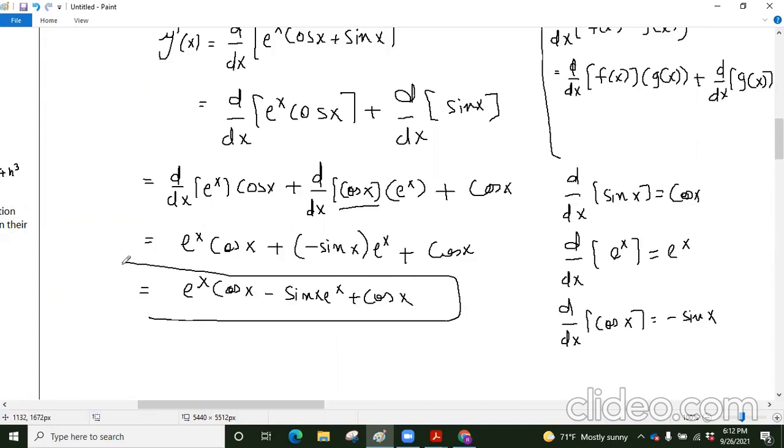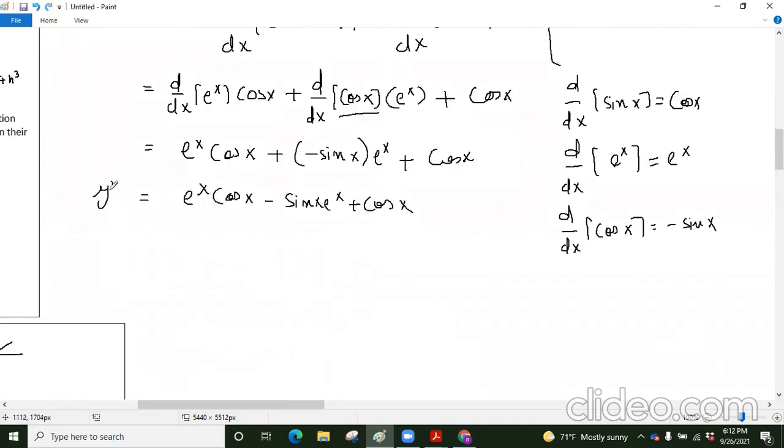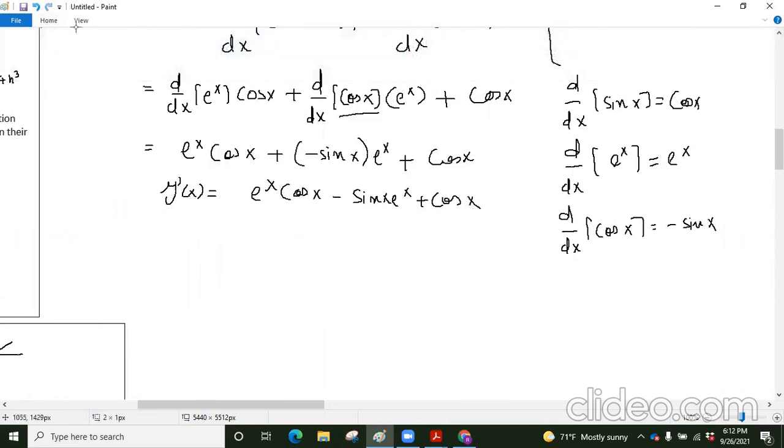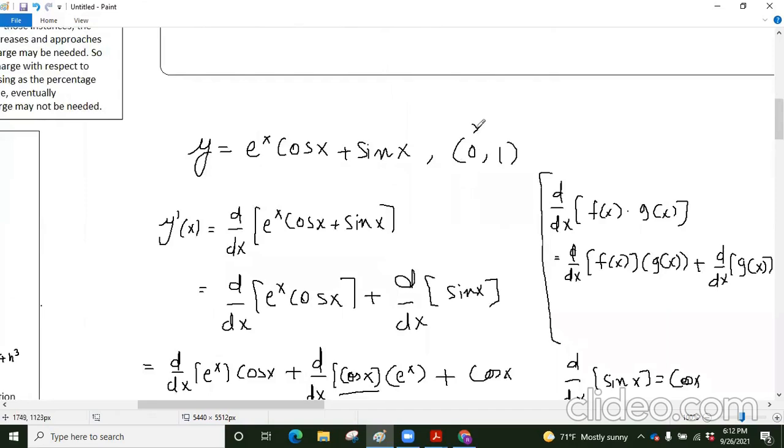This is the derivative function, which means y prime equals this. So we can plug in any x value and we'll figure out what the slope of the tangent line is at that point. In this case, we want to plug in an x value of 0.